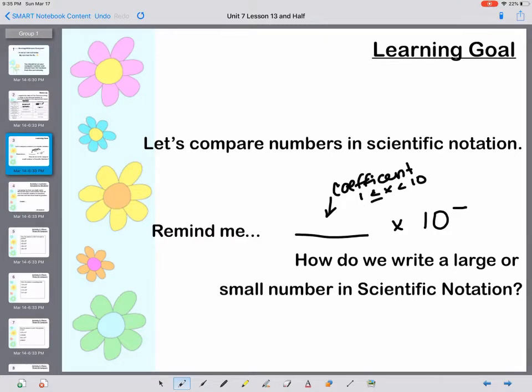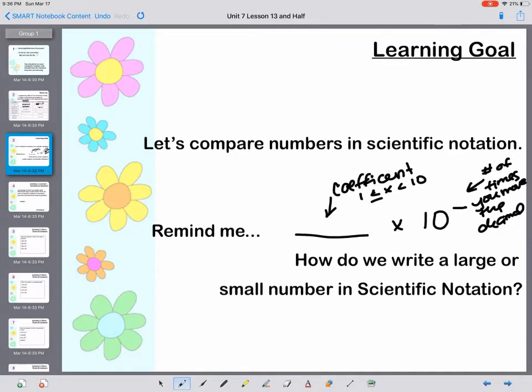So it can be equal to 1, so 1 less than or equal to the coefficient, and it has to be less than 10. And our exponent is the number of times you move the decimal. So keep all of that in mind while we're going through these next couple activities.